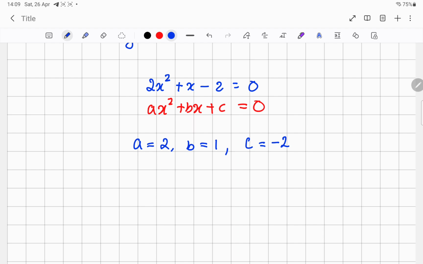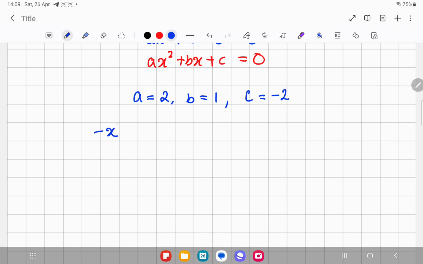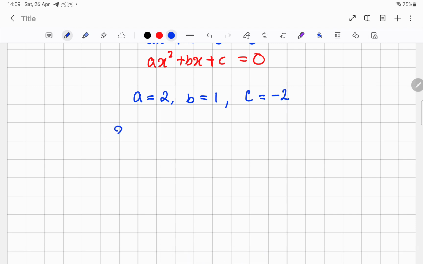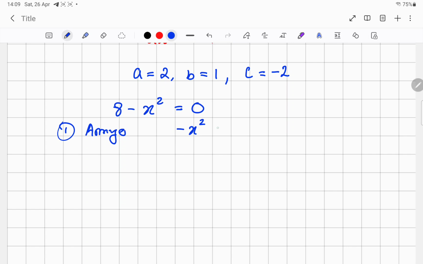Now another example: negative x, 8 minus x squared equals 0. How can you determine the constants? First you must arrange it. After you arrange, you get negative x squared plus 8 equals 0. Start with x squared first, then x, and then no x at all.